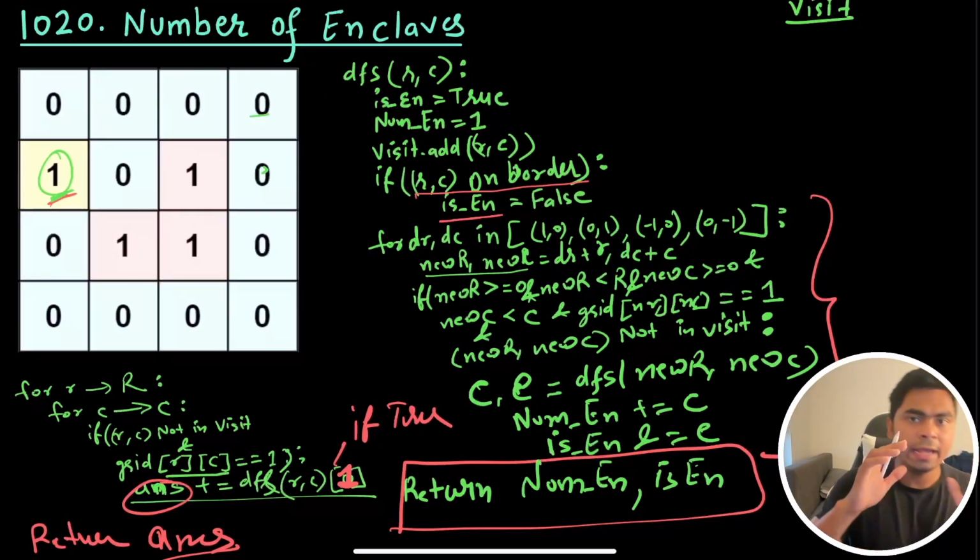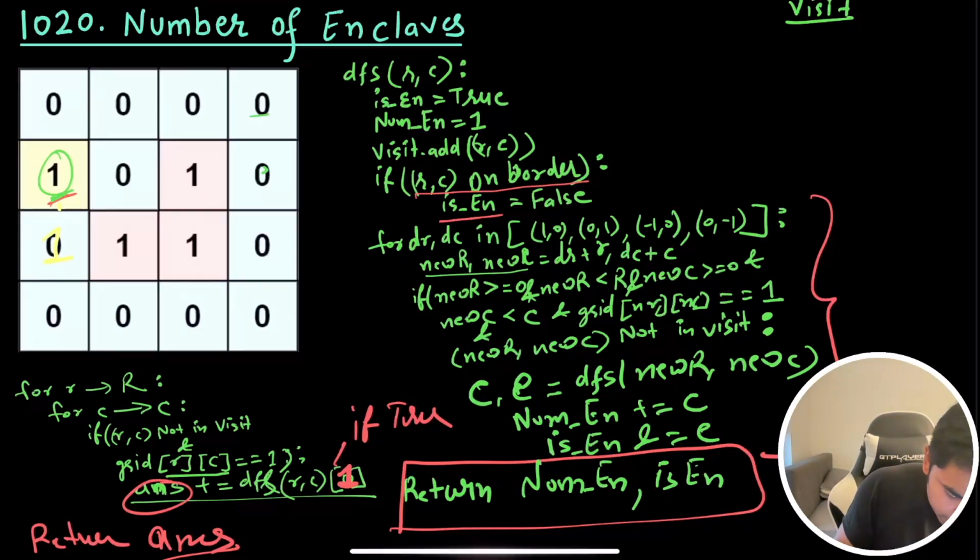Let's say in another case there was another 1 present right here. Let me just take another example. Let's say this was a 1 right here. These are on the border, by the way.